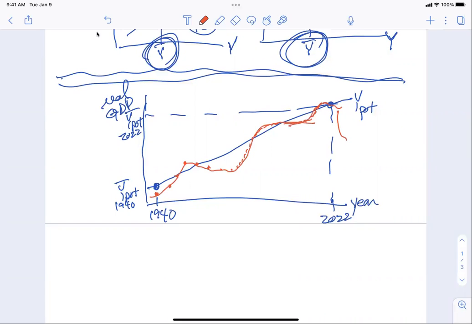That line is actual GDP. So what happens when actual GDP, so this could be real GDP, either potential or actual that we're showing here. If the economy is turning down, this is actual GDP in the orange.